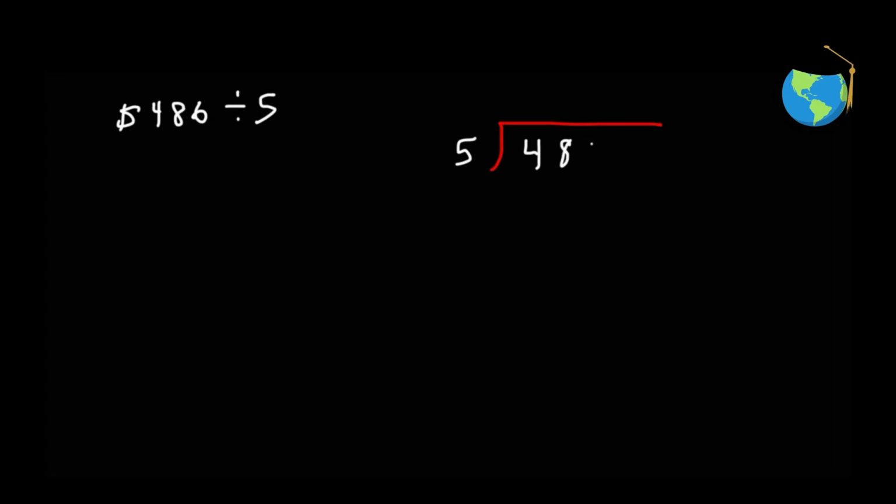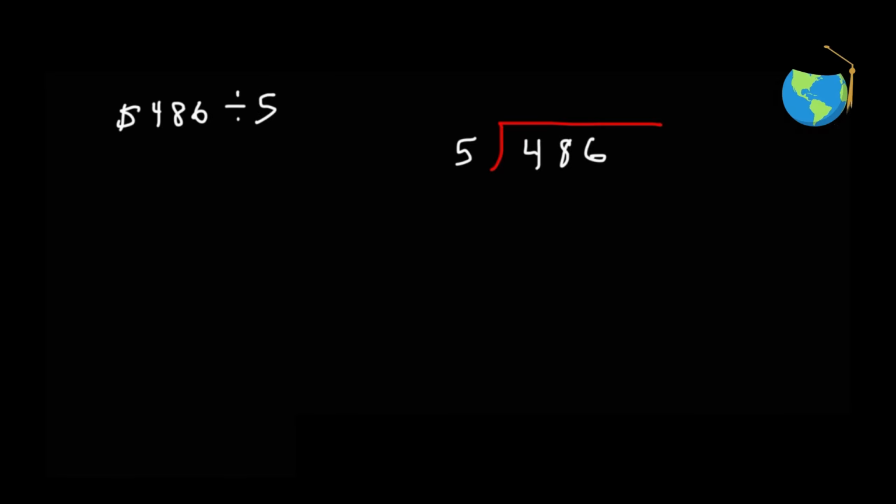So how many times does 5 go into 48? 5 doesn't go into 4, so we need to see how many times 5 goes into 48. To find the answer, it's helpful to make a list of the multiples of 5. I'm going to go up to 50.